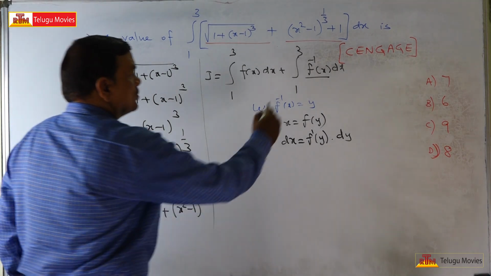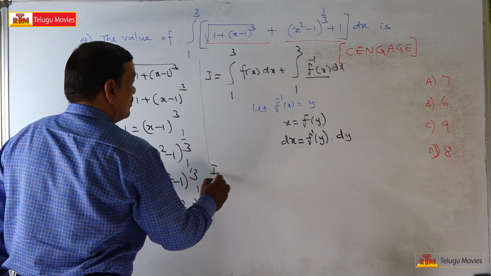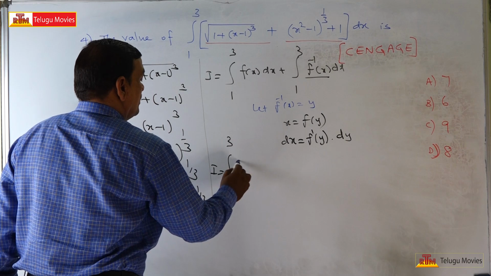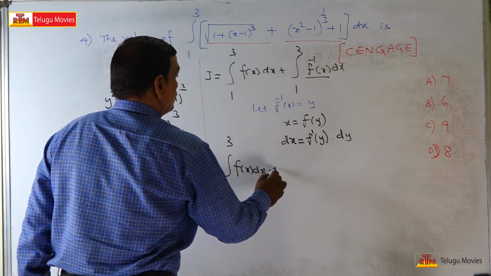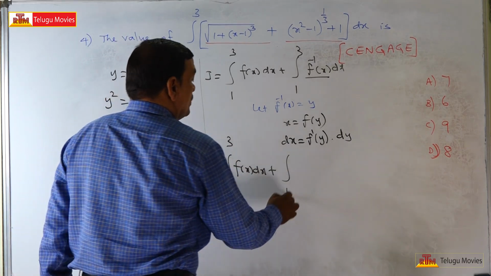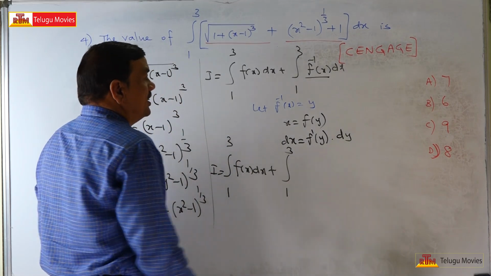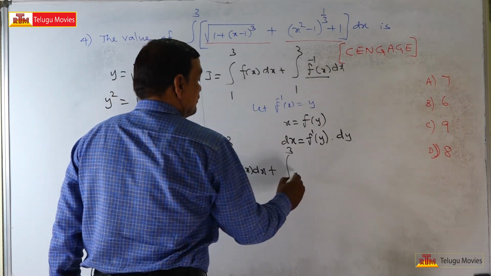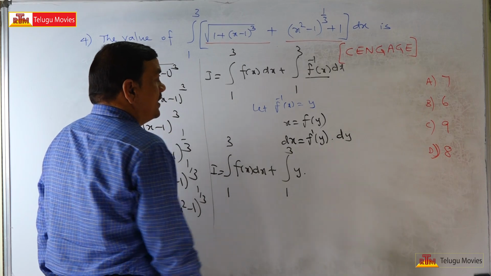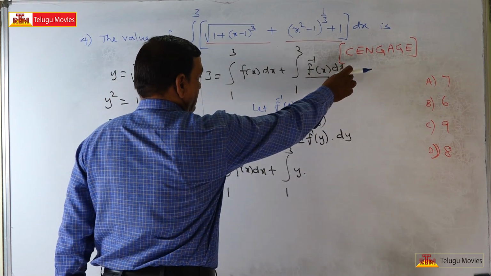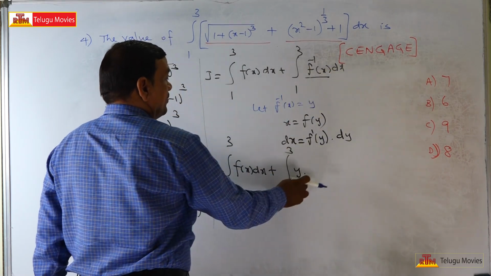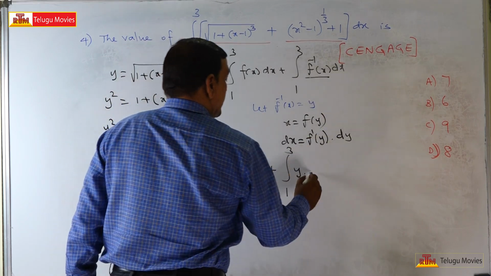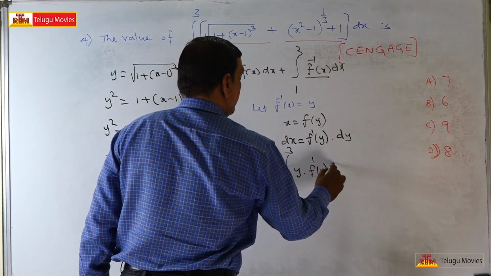Now your problem, up to here I am concentrating. So I is equal to the integral from 1 to 3 of f of x dx plus the integral from 1 to 3, where in place of f inverse of x I substituted y, and in place of dx I got f dash of y dy.